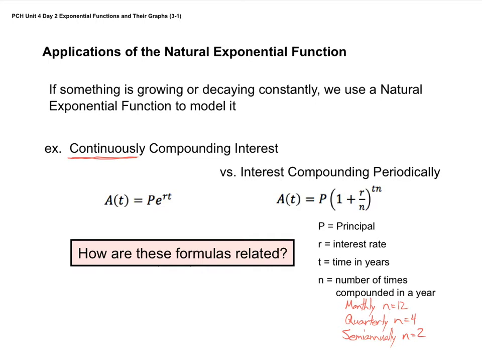This principal, the P in both cases, is the starting amount. This is the amount that you're starting with. So if I'm investing $5,000, $5,000 is my starting amount. If I happen to look at the population of a city and I want to see how it's growing over the next 10 years, its population right now would be the starting amount.